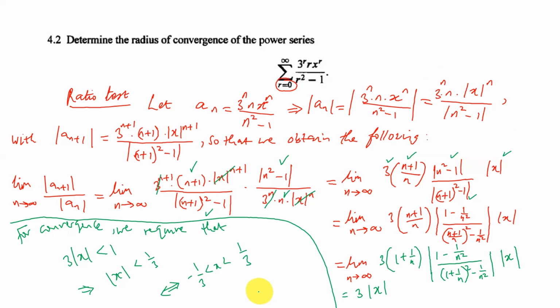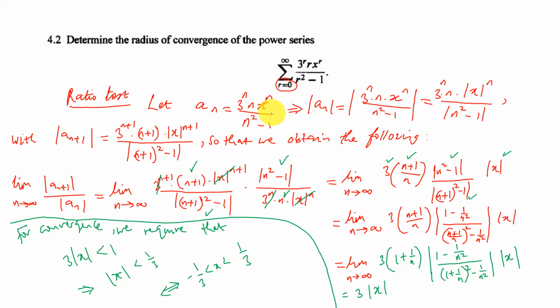Also around n, because n begins from 0 to infinity. The summation starts from 0 to infinity, so it's pointless to put the modulus around 0 or any of the numbers from 0 to infinity.